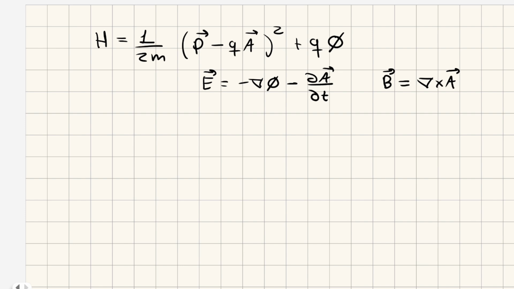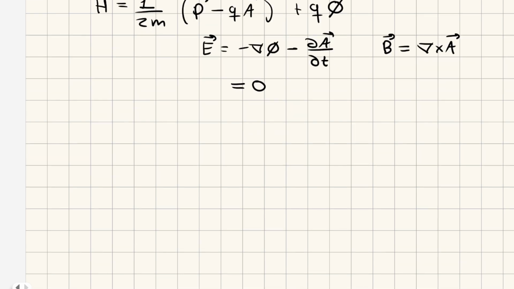So what we are going to see now is that this particle that is charged, and remember, is going to be only under the influence of a magnetic field. There will be no electric field in this example. So this quantity is going to be equal to 0, and for that to happen we need this quantity to be 0.